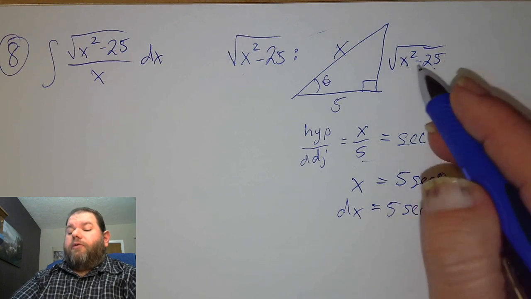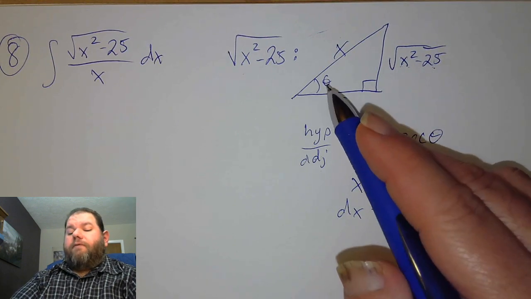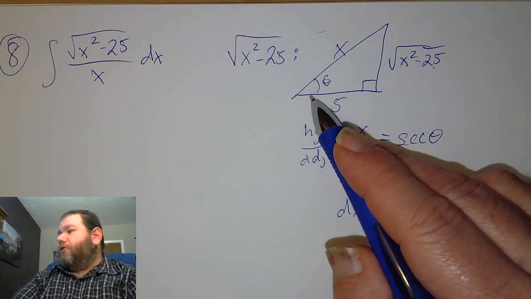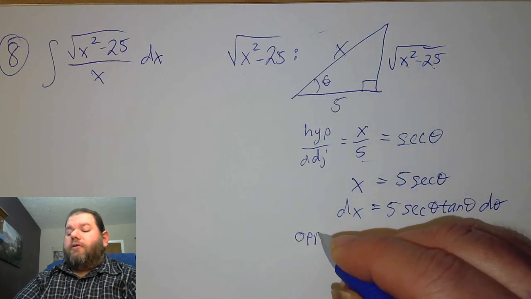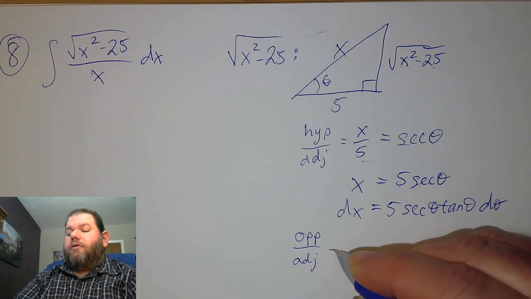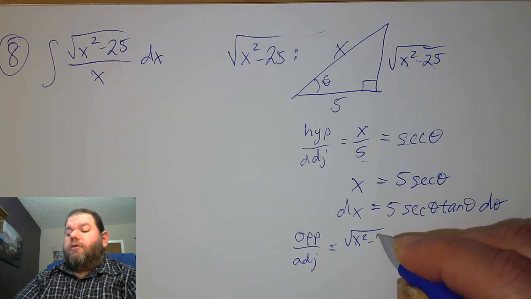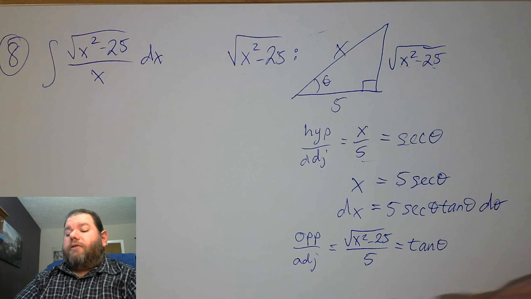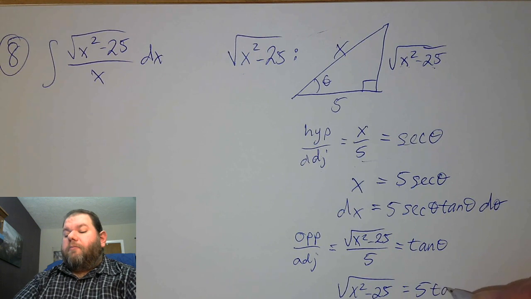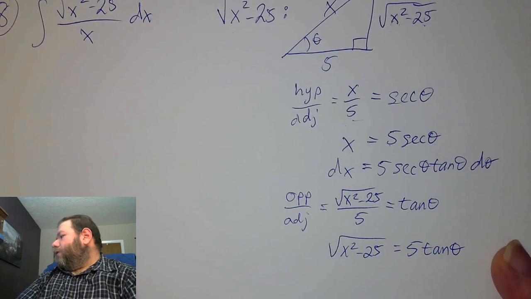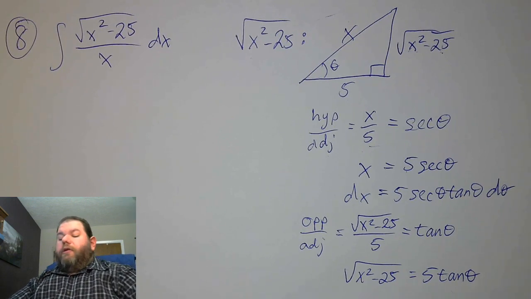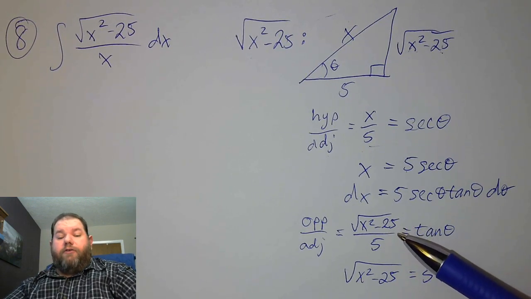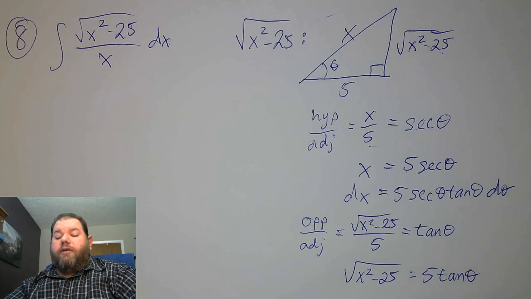So if we have the square root of x squared minus 25 over 5, relative to theta, that's opposite over adjacent, and opposite over adjacent we know is tangent of theta. And so that means since the square root of x squared minus 25 over 5 is equal to tangent theta, then the square root is equal to 5 times tangent theta.